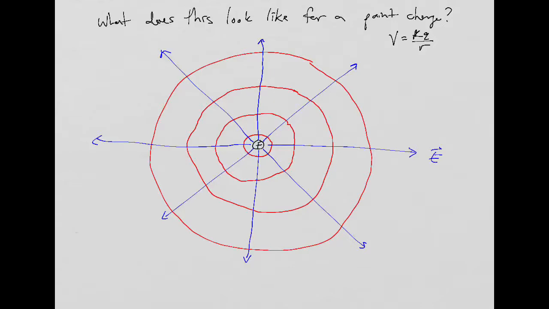All right, if you drew this correctly, you will notice that at every equipotential line, the electric field is always going to be perpendicular.